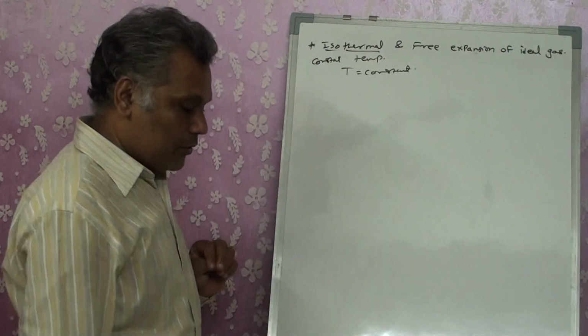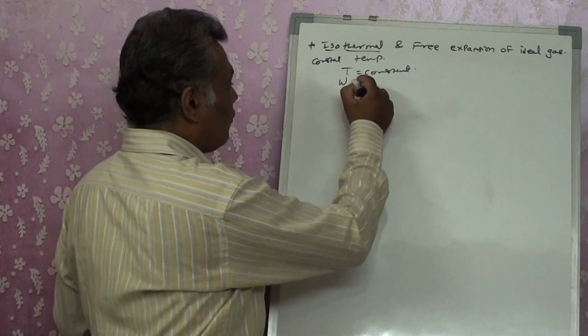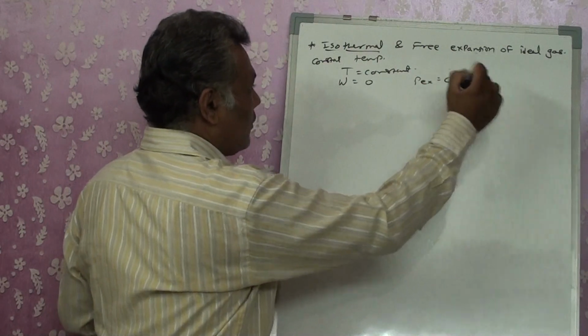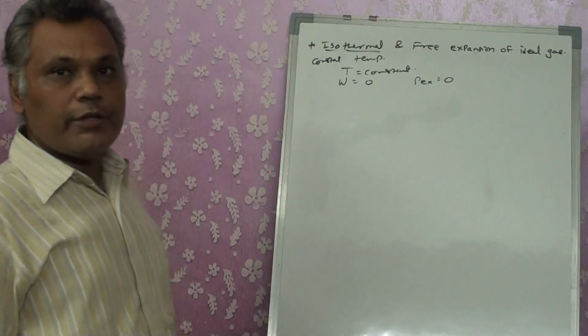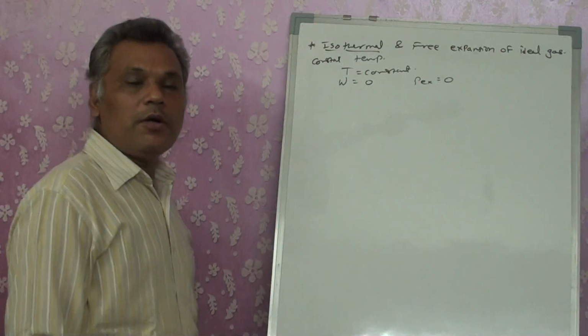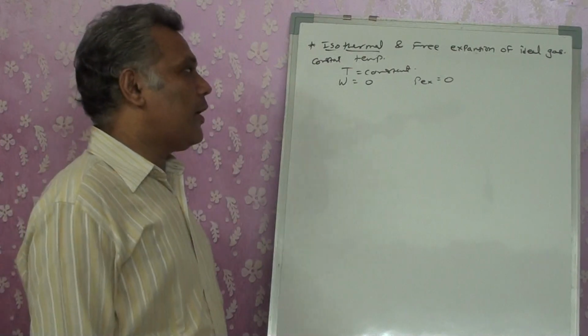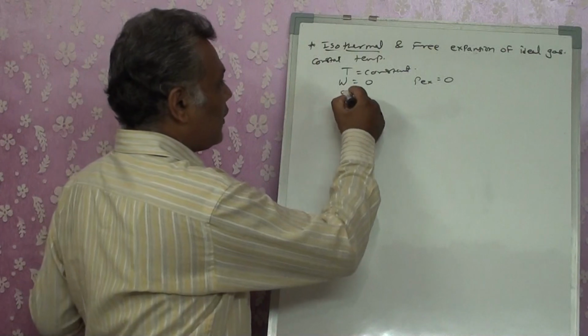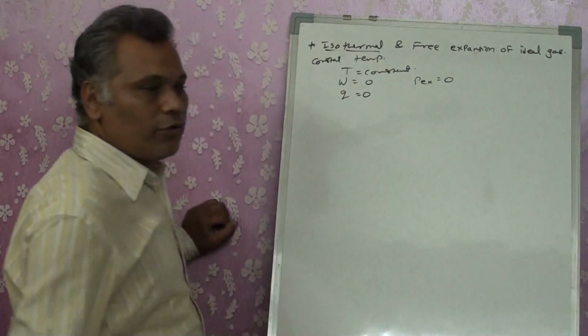Now because T is constant, work will be 0 if external pressure changes. Temperature is constant, so there is no change in the temperature, so there is no change in the pressure also, and as a result we get P external also equals 0. That means Q is 0.